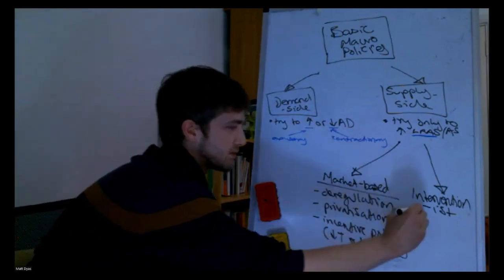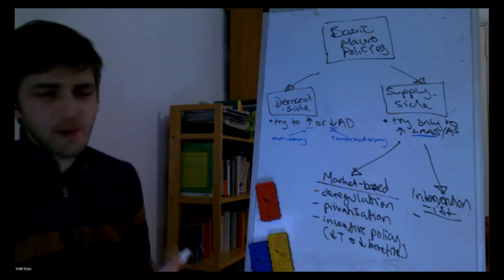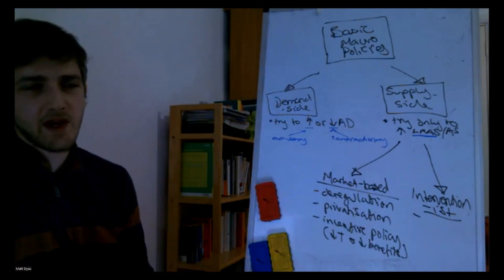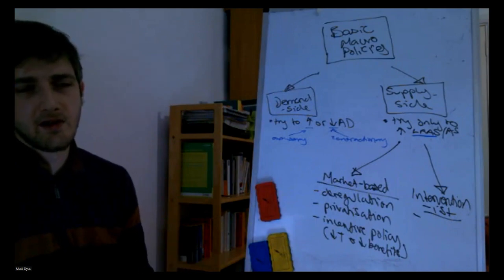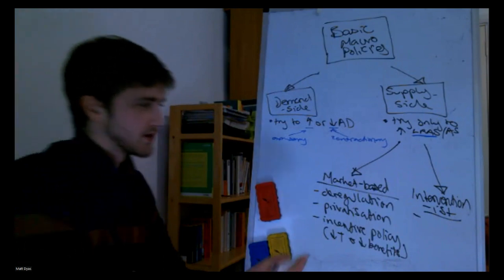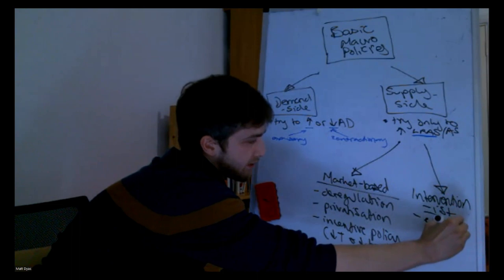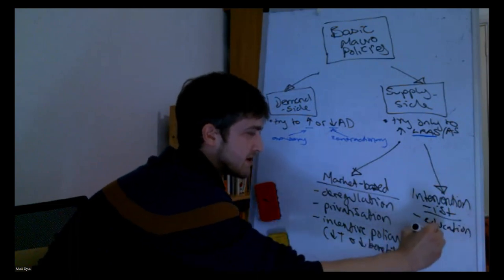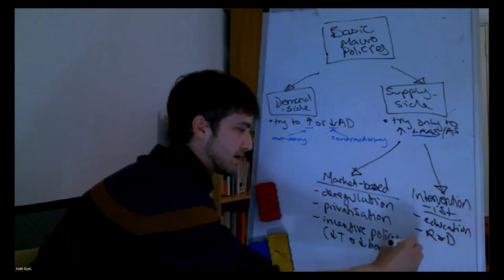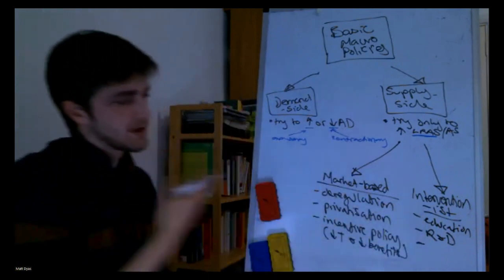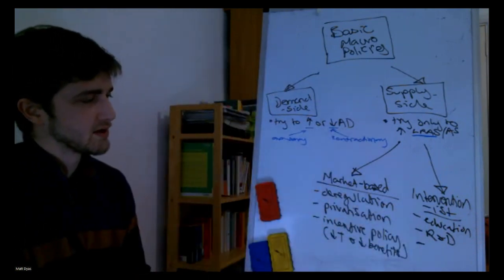The interventionist ones all basically involve government spending on something that it thinks will make the market more efficient. So this could be education spending. This could be R&D spending, one of my favorites, like subsidizing startups, something they do in the UK.